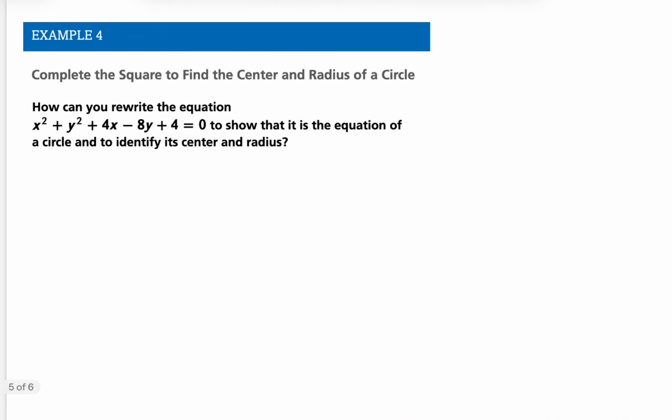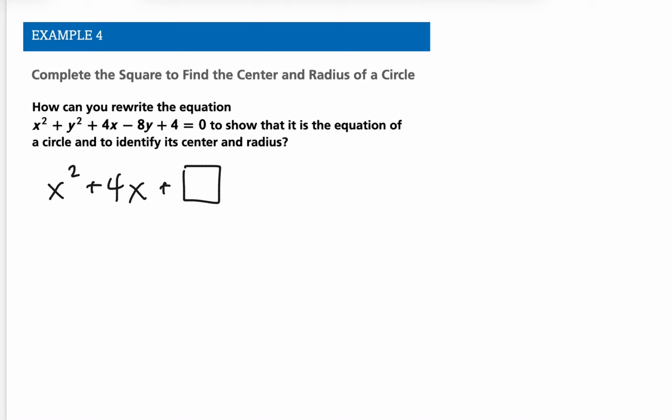Okay, and our last one again is a completing the square example. So how can we rewrite the equation in standard form of a circle? You can see we need to complete the square for both x and y. So how I'm going to start organizing this is I'm going to put x squared, and then I'm going to put the plus 4x right next to it, and then I'm going to leave a space.